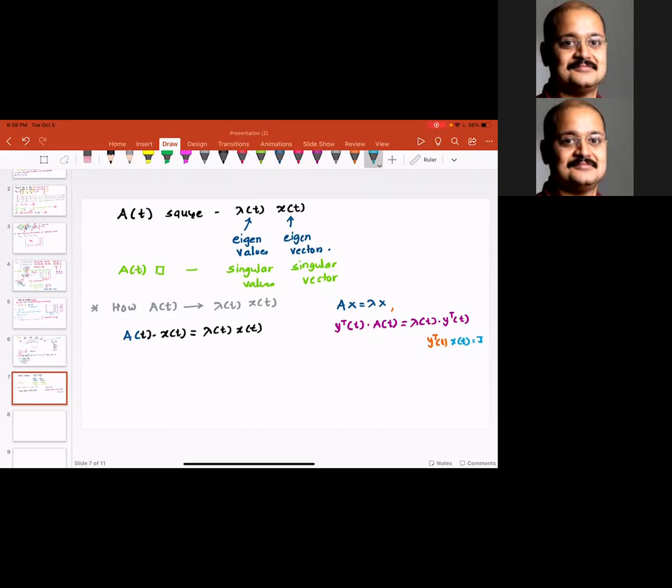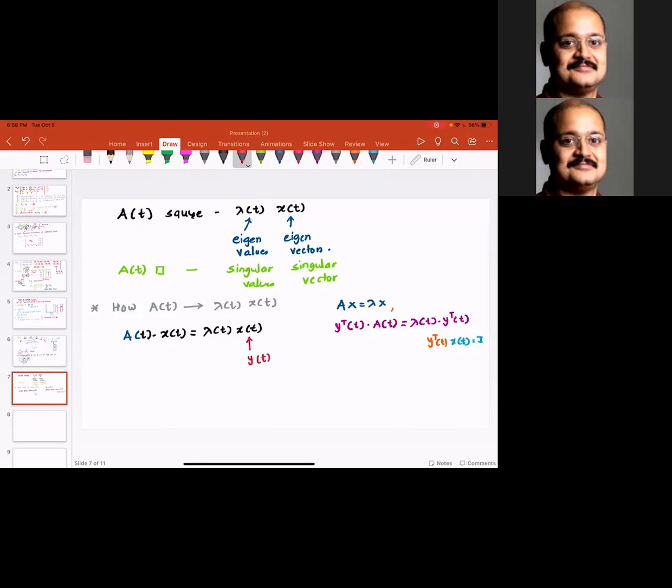This relationship is super duper important, and let me tell you what that means. If you have a time varying eigenvector, for that time varying eigenvector there is a complementary eigenvector which is given by y. So you have x of t that changes with time.